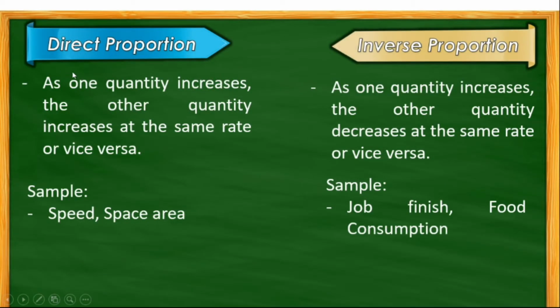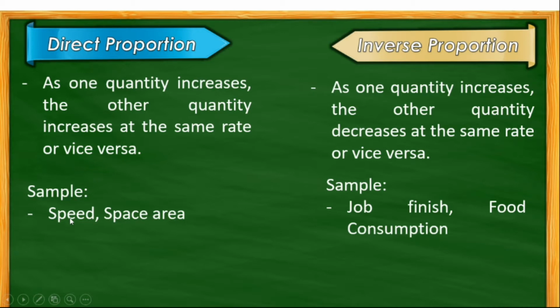Let's define first a direct proportion. Let's compare direct and indirect or inverse proportion. When we say a direct proportion, as one quantity increases, the other quantity also increases at the same rate, or vice versa.